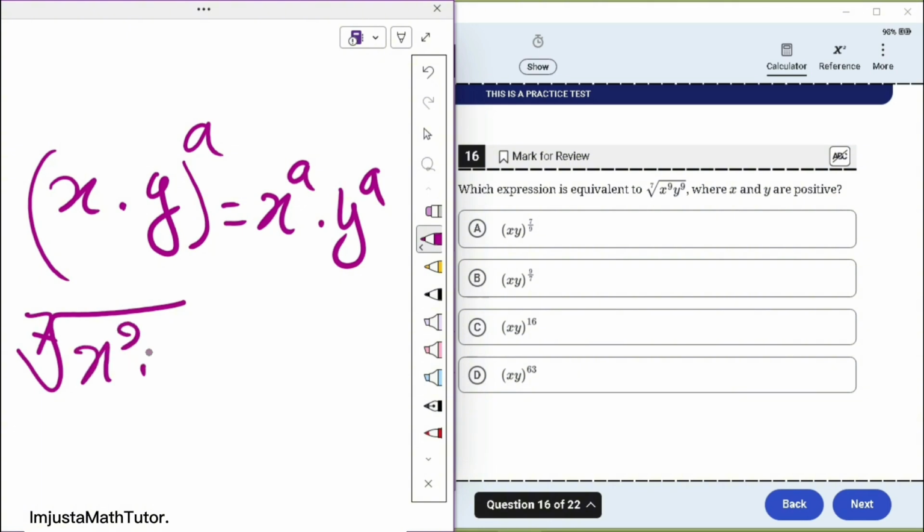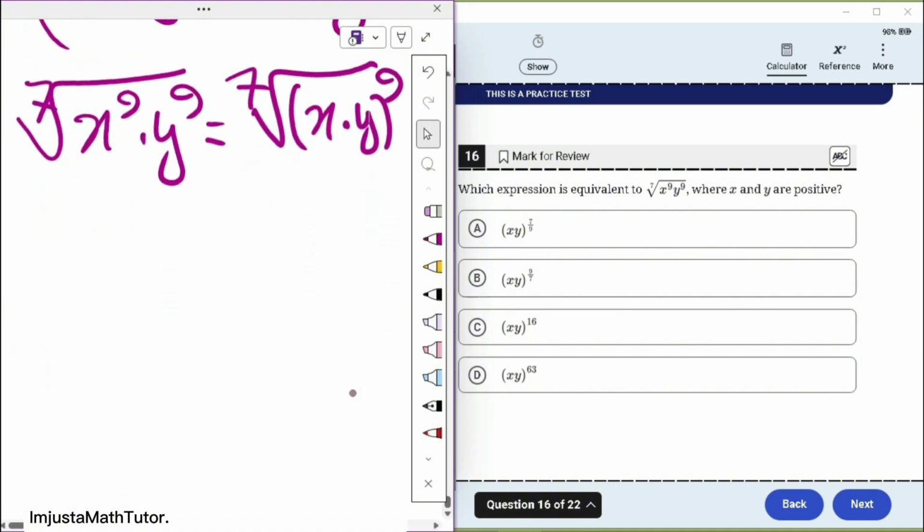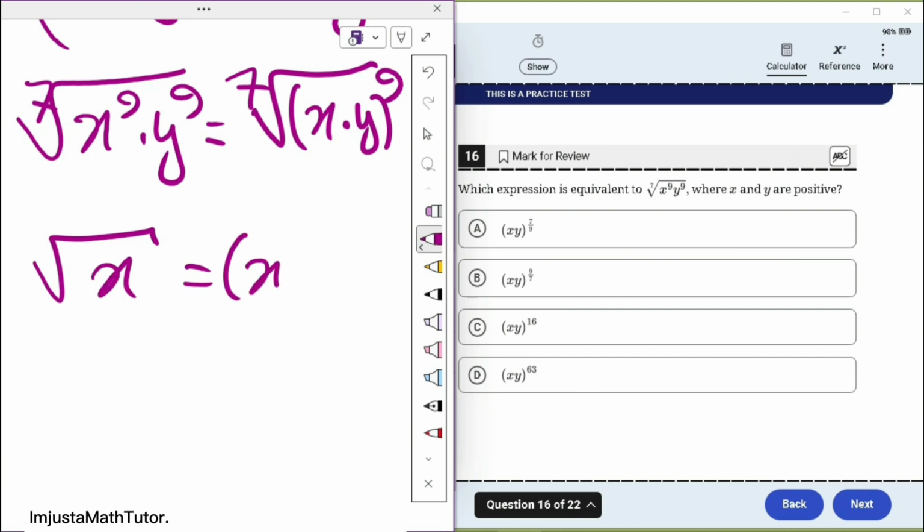So the 7th root of x to the power of 9 times y to the power of 9 equals the 7th root of, all of that, x times y to the power of 9. Now, we know something else, that the root of x, for example, can equal x to the power of 1 divided by 2.